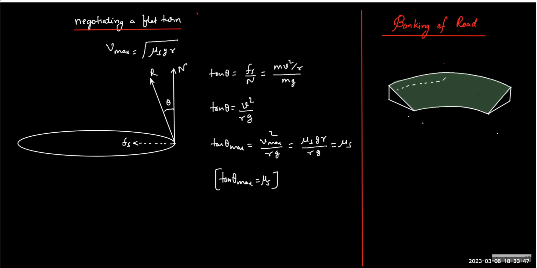So what I am showing here is a slice of a track. And this kind of track is called the banked track. And you can clearly see, is the track horizontal or tilted? Tilted. So if you try to drive your car or maybe bicycle or maybe bike, and if you choose a fixed track, your path will be horizontal or tilted?